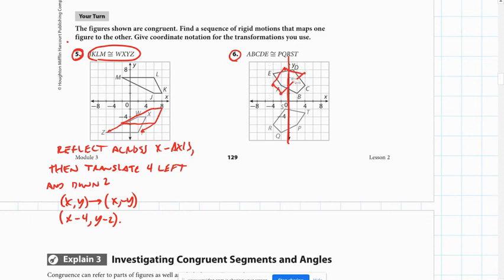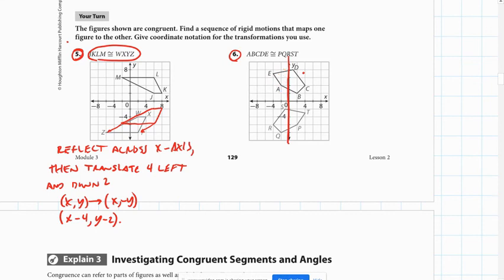I didn't reflect a point. Let's see, E went over to here, and C, what point am I missing? 1, 2, 3, 4, 5. 1, 2, 3, 4.